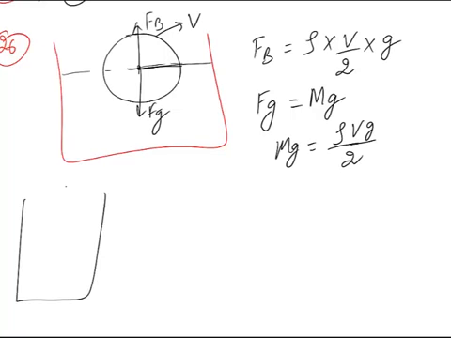In the second case, you have put some water inside, V dash volume let's say, and it's sinking now. So write down the situation here, FB and FG, they are both equal in this case also.